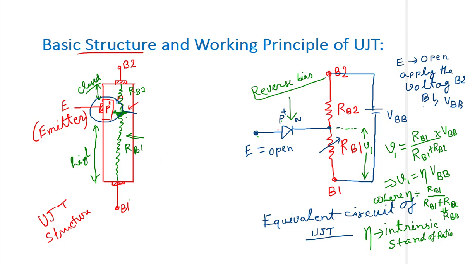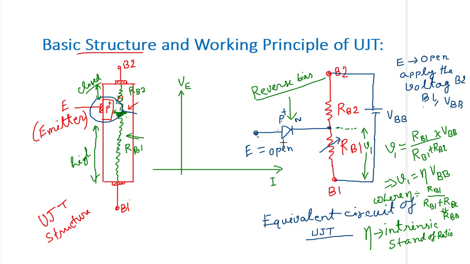This axis represents VE, the emitter voltage, and this axis represents the current.